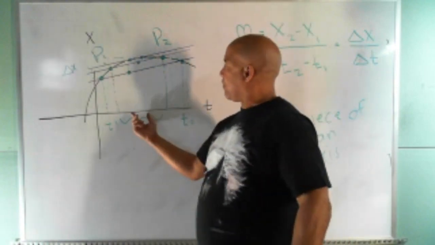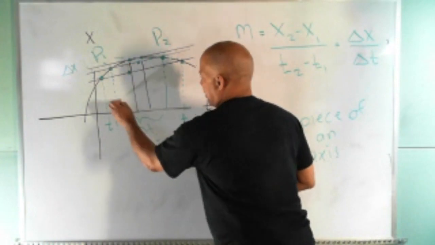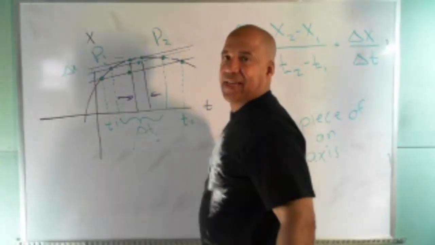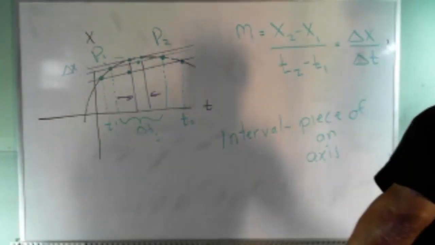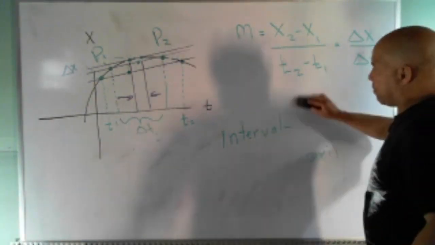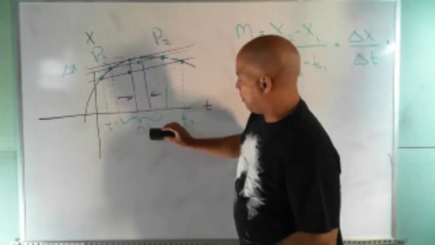Look at my interval now. My interval is this skinny. My interval is getting skinnier and skinnier. Here's what they do, without going into a lot of theory. They say I'm going to take this interval. Now remember, this is delta t.